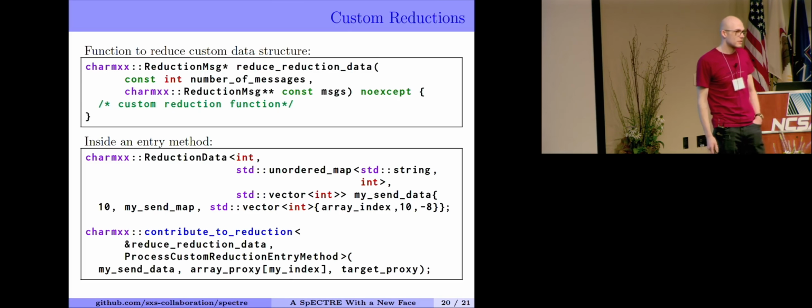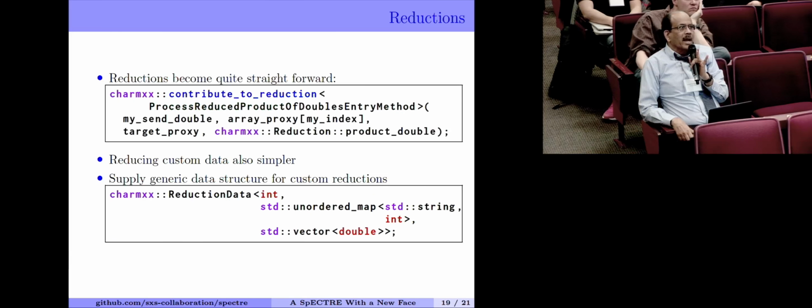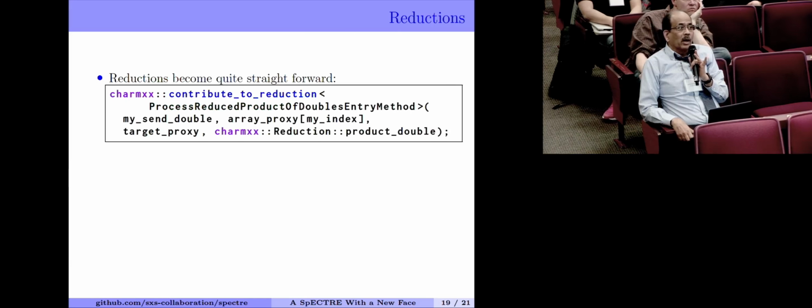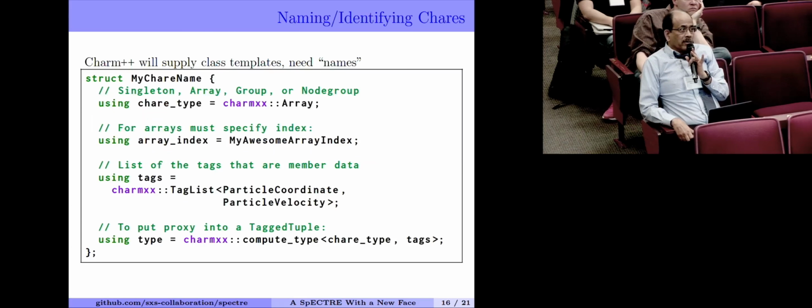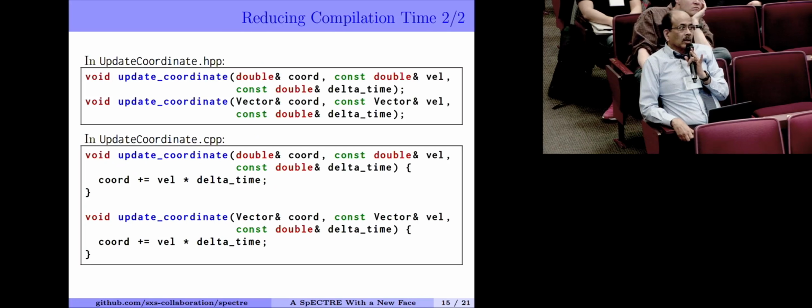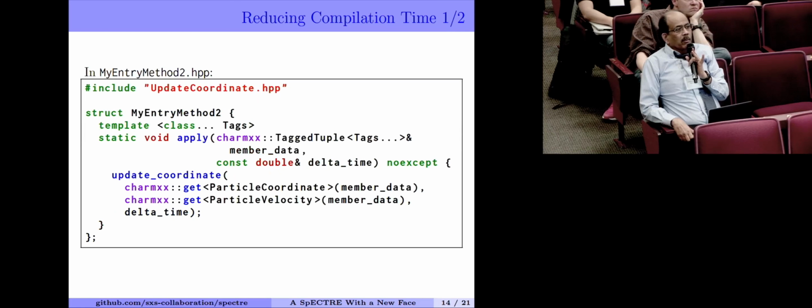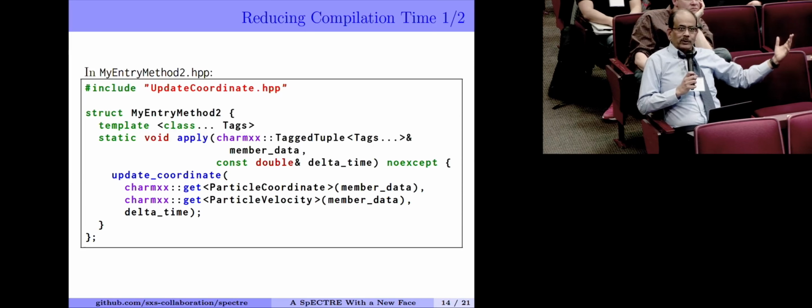Yeah, and if you go back a few more slides, to where you're describing how an entry method is defined. This one? Maybe this one. So this is where we were debating earlier. Another way of writing this: I'm one of the Charm++ users who wants to see my objects as C++ classes.